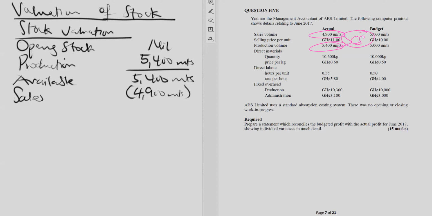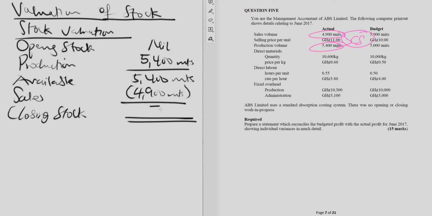Okay, now that we've seen this, what we need is that we need to get our closing stock. In management accounting, this is one thing I always want you to do: search for the differences in stock when you are told to reconcile profits. So getting the profit itself is the start of the question before you even think about variances.